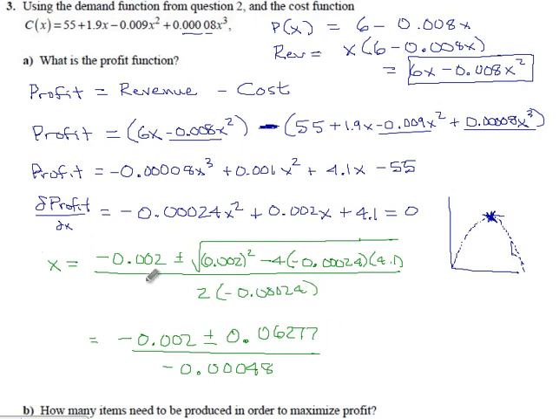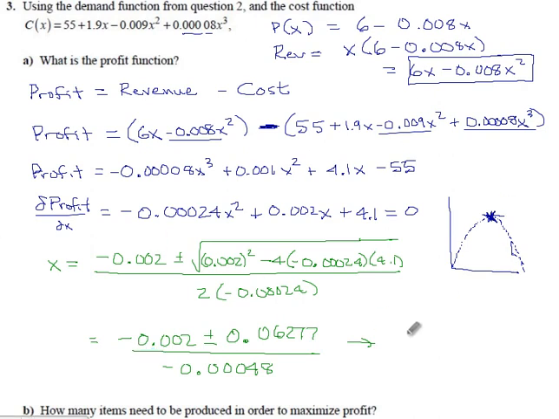So if we add here, we're going to get a positive number in the numerator divided by this. It's going to come out negative, which will be telling us to produce negative amounts of stuff. That's not reasonable, so I'll skip that answer and go straight to the minus one. Minus 0.002 minus 0.06277, and then we divide that by negative 0.00048.